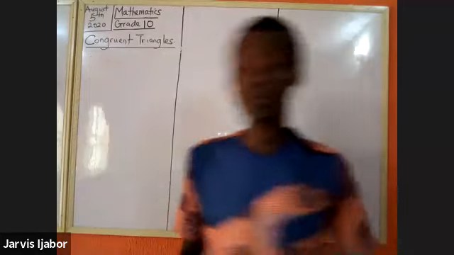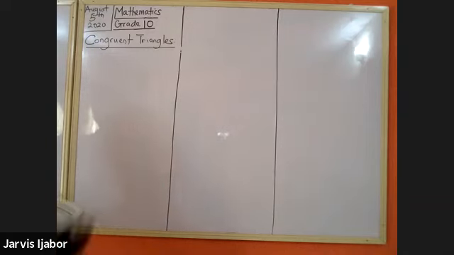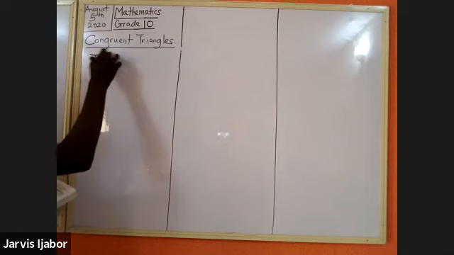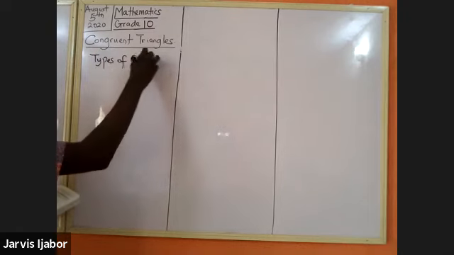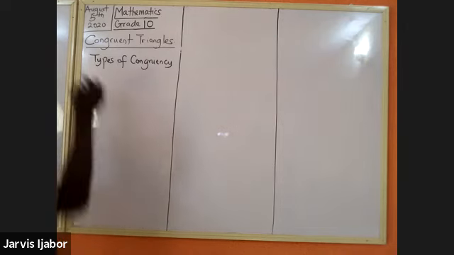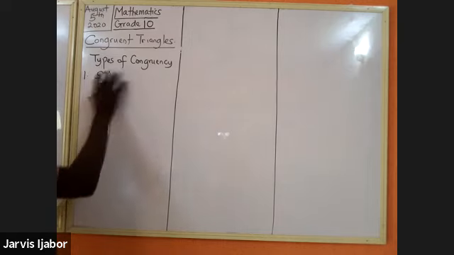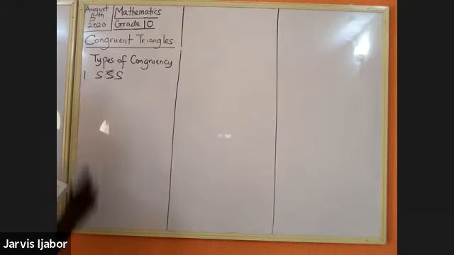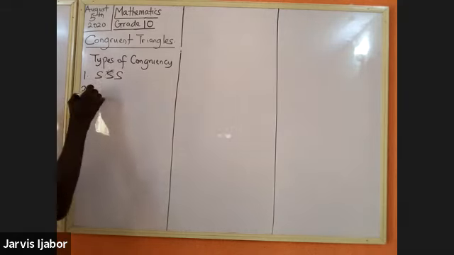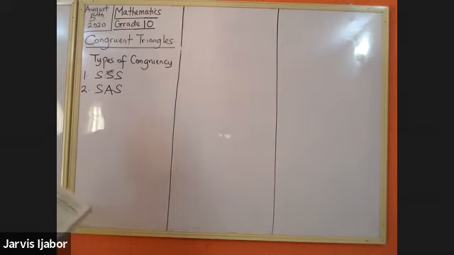All right, so let's go to the different types. What are the types of congruency you can have? One, you have the one we call side angle side.